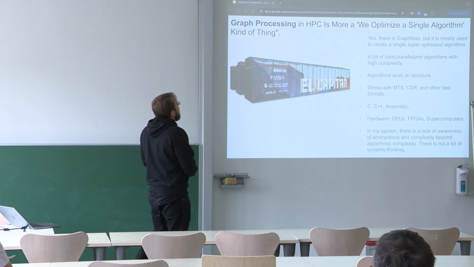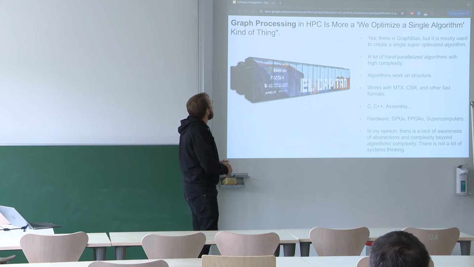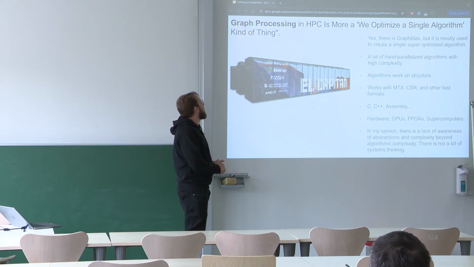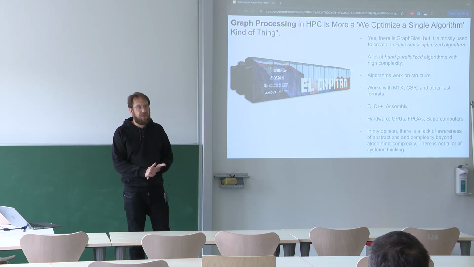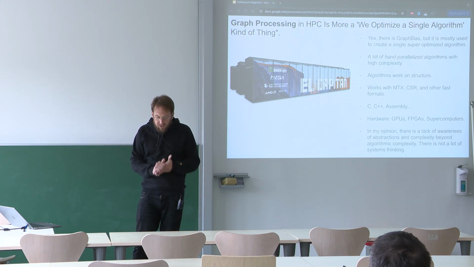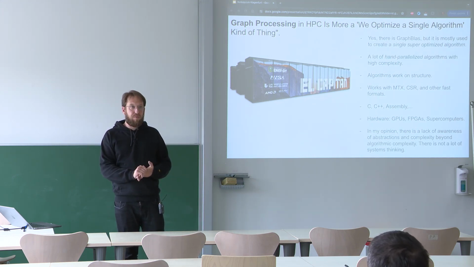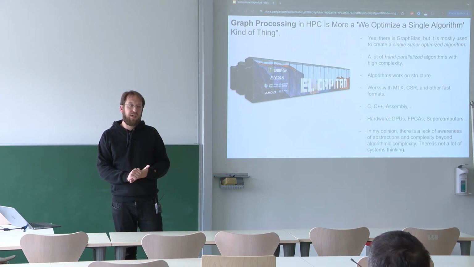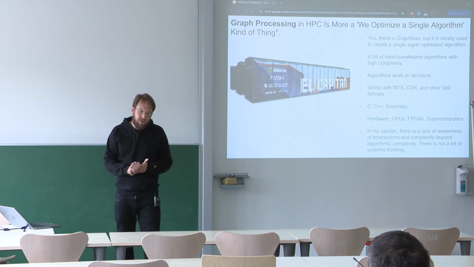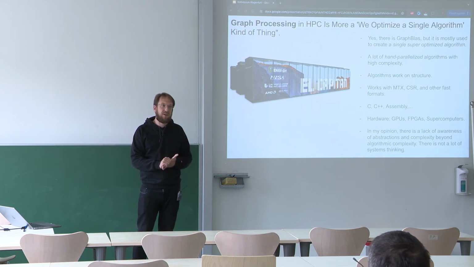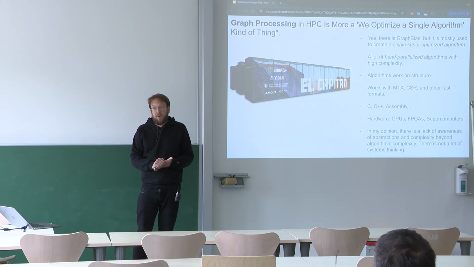Graph processing and high-performance computing is more like, we optimize a single algorithm kind of thing. I don't know if this is actually always true, but this is my experience with this type of people and these communities, right? It's extremely difficult to make these graph algorithms fast because data is irregular.